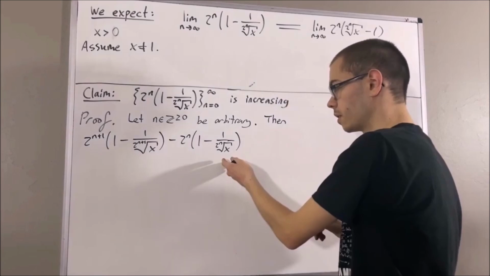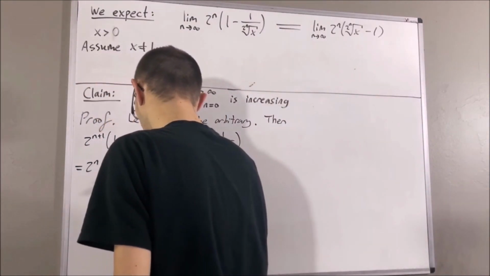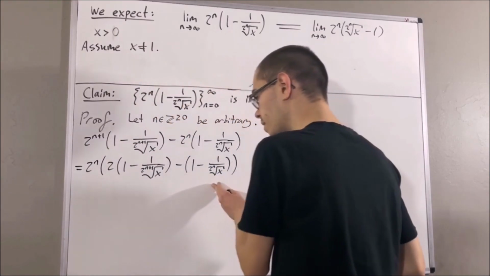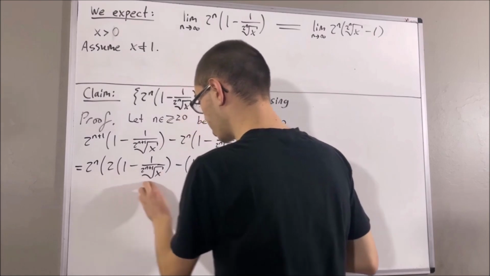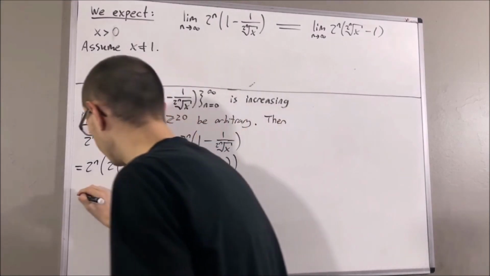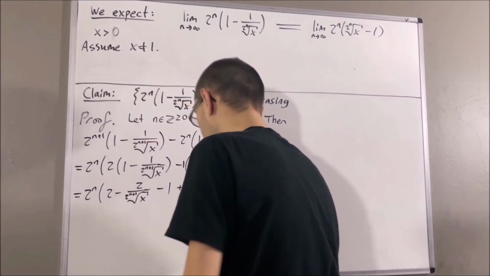So we have this. So now we're going to factor out 2 to the n. So we have this. Now let's distribute 2 across this parentheses, and we'll distribute minus 1 across this parentheses, so we get this.